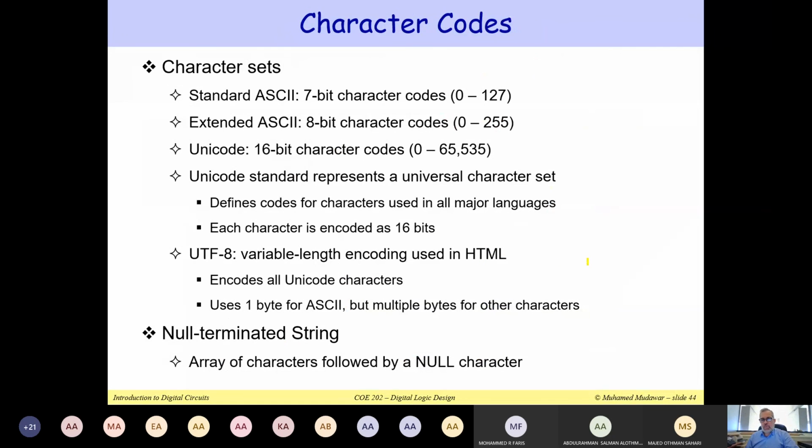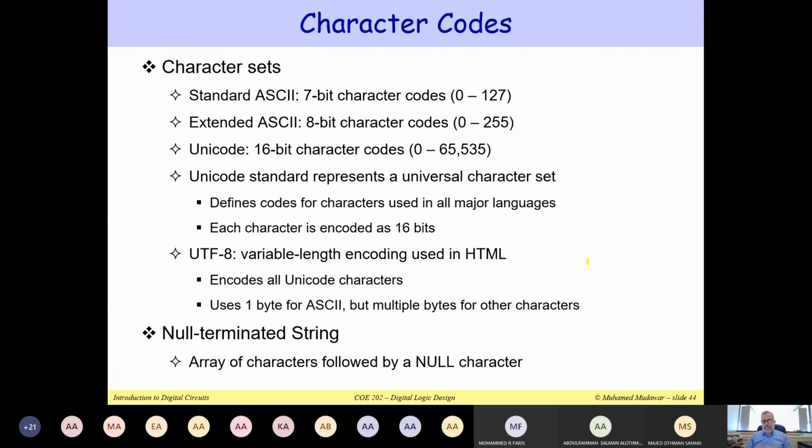One more example, which is the character codes. What we have seen in the previous slides are codes which are assigned to the 10 decimal digits. How about characters? Characters are not numbers, they are symbols, and we need to assign codes for these characters.